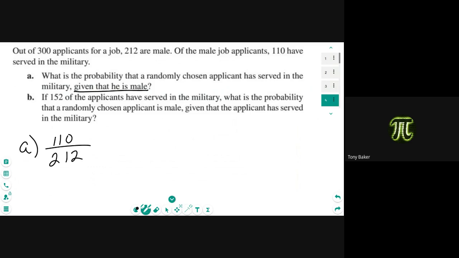So the next one says, if 152 of the applicants have served in the military, what is the probability that a randomly chosen applicant is male given the applicant served in the military?